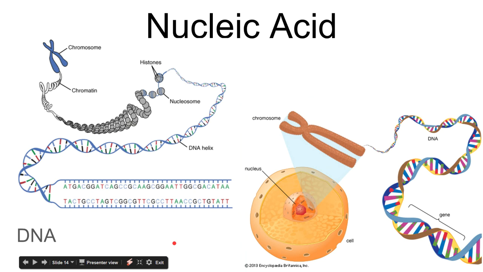Okay, let's move on to nucleic acids. A lot of times when you hear nucleic acids, it doesn't ring a bell until you say DNA, deoxyribonucleic acid. DNA is made up of millions of nucleotides. A nucleotide contains a phosphate and a sugar, which makes up the outer rung of this ladder, and then the various steps of the ladder, what we consider the letters of the code, are the nitrogenous bases.